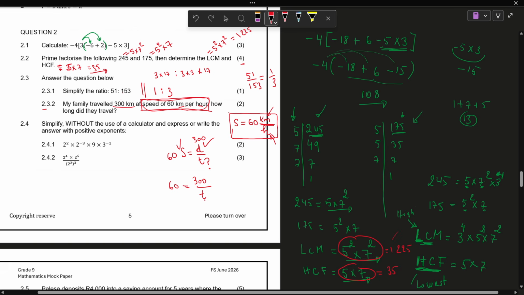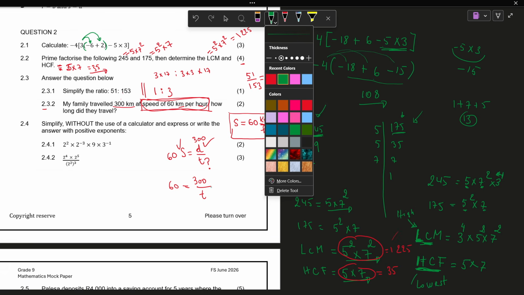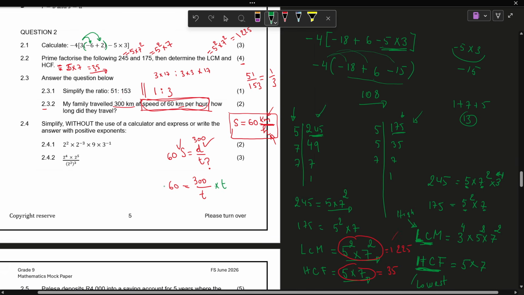So in mathematics, how do you make time the subject of this formula? You can just multiply by t on both sides. Whatever you do on one side, you need to do on the other side. Then these two will simplify.